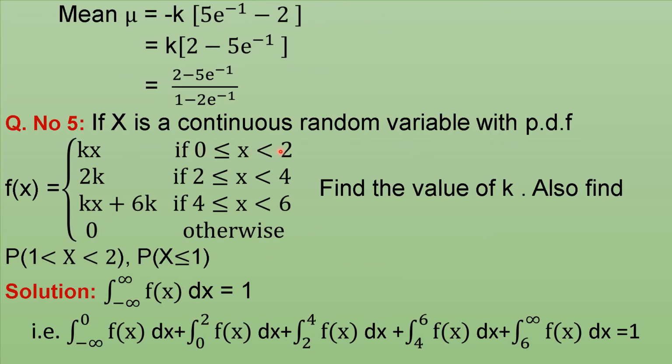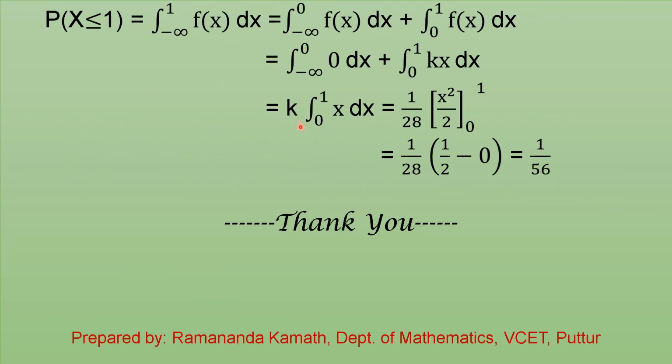That 0 to 1 comes between 0 and 2. So in the integral from 0 to 1, f of x can be replaced by x. In the other integrals, f of x will be 0. So the first integral will be 0, and only the second integral remains for the calculation.